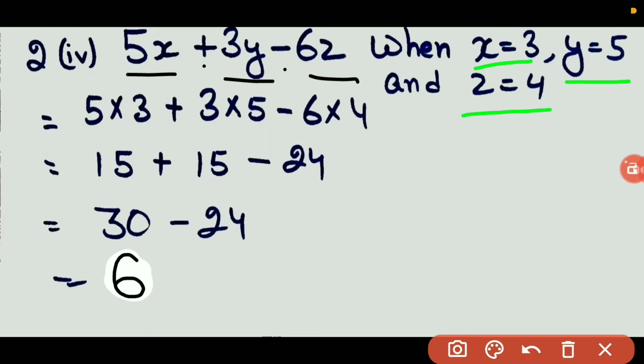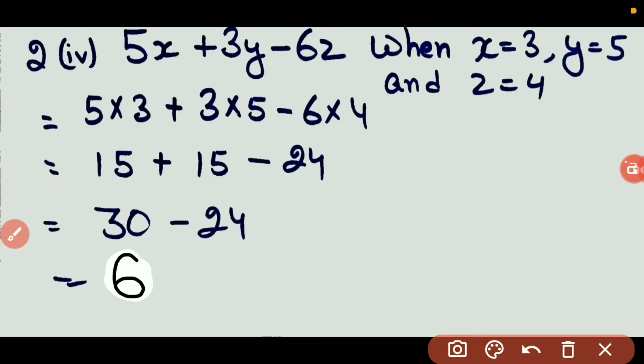So 5x means 5 into 3 because the value of x is 3. 3y means 3 into 5, the value of y is 5, and 6z means 6 multiplied by 4 because the value of z is 4. So we have the signs also, that is plus sign comes here and the minus sign comes here.